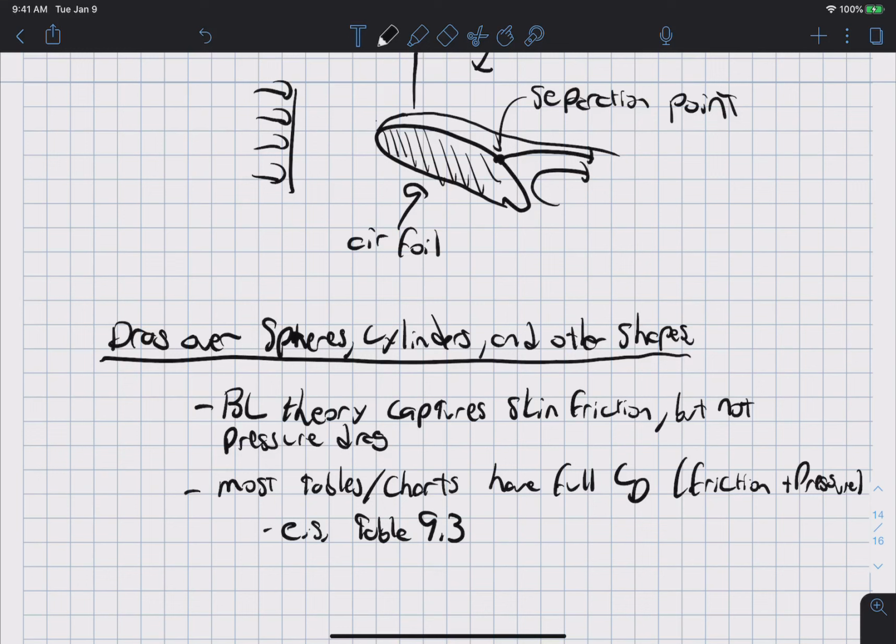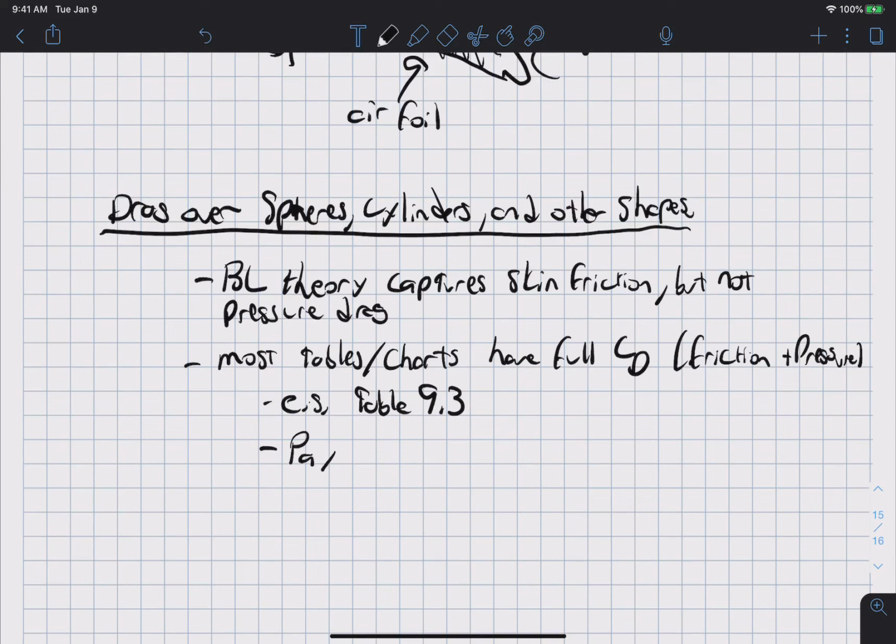Now when you use these drag tables, like table 9.3, pay attention to the Reynolds number ranges and make sure that they're valid. Sometimes you may have a drag model for a shape that's valid to a Reynolds number of 10 to the 6, and you're at a Reynolds number of 10 to the 7.